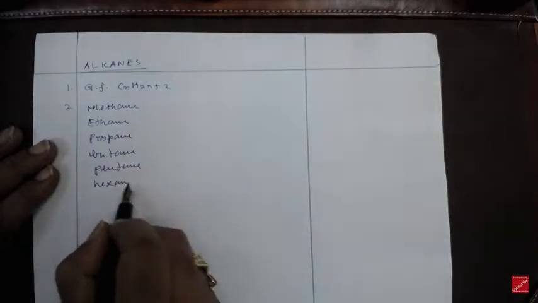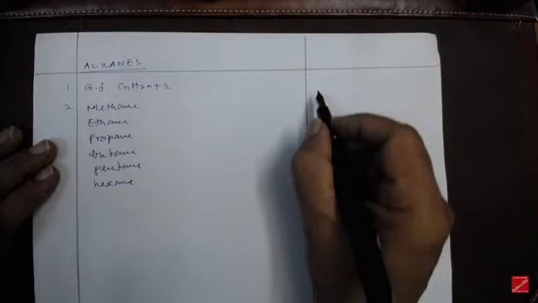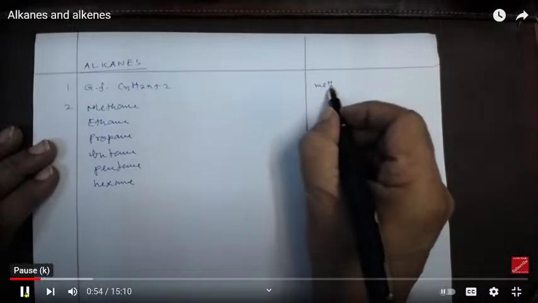At least you should know up to 6. Meth means 1 carbon.